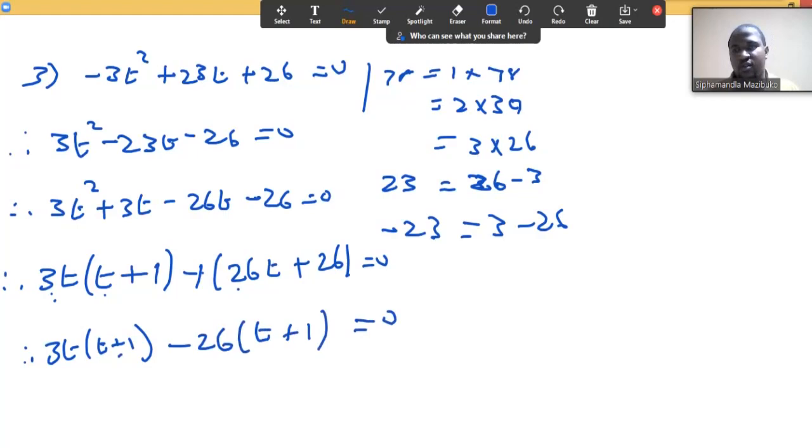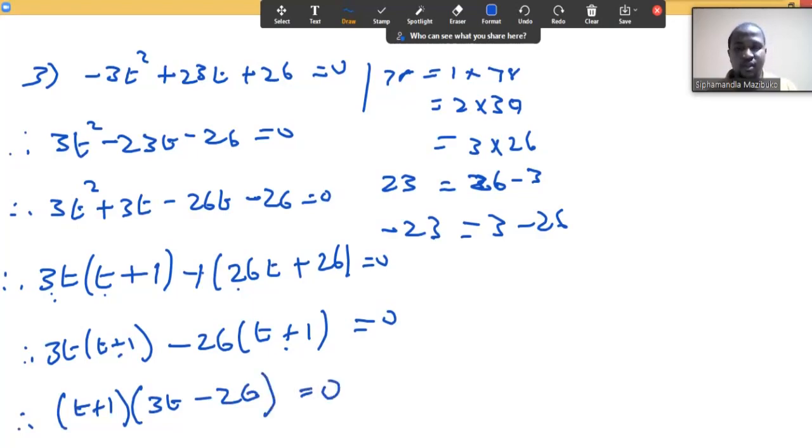So now you see we have t plus 1 and we have t plus 1, so we start writing t plus 1 into whatever is left, which will be 3t minus 26 is equal to 0.